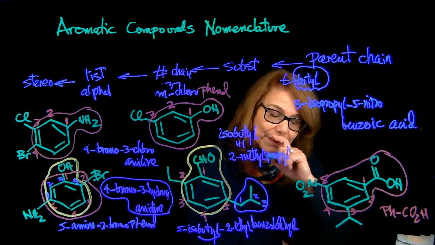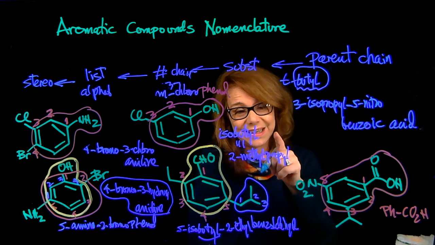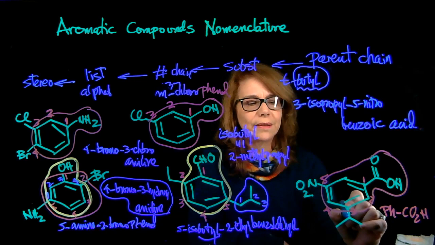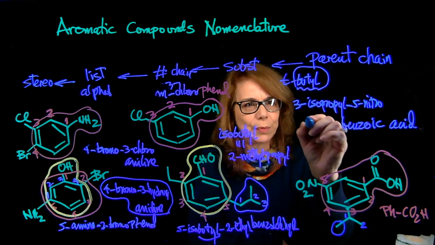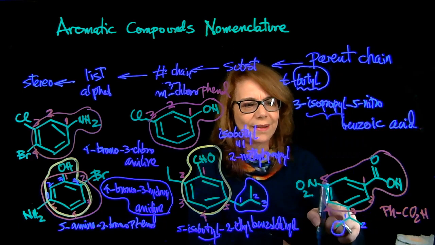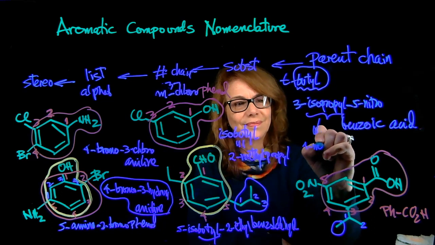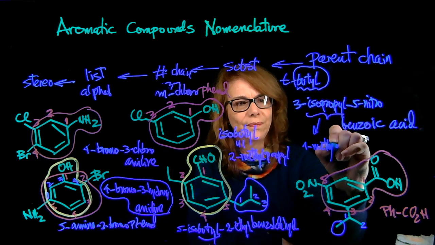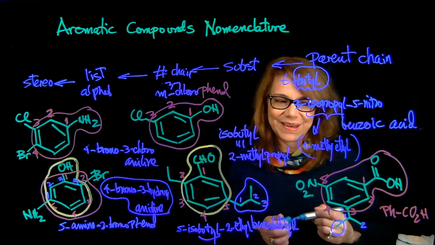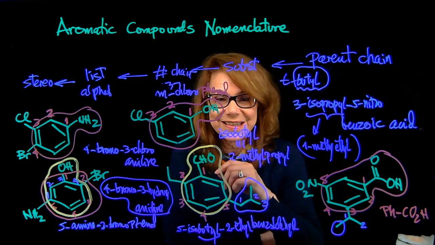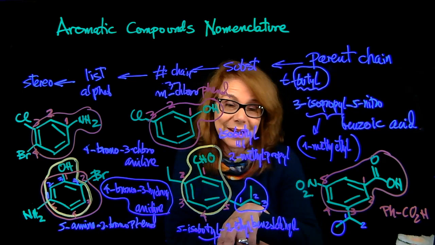Also remember that isopropyl could have another name, similar to what we did with isobutyl. Isopropyl, 1, 2, can also be written as 1-methylethyl. So that is a more complex name. Okay, so these are more examples of naming aromatic compounds.